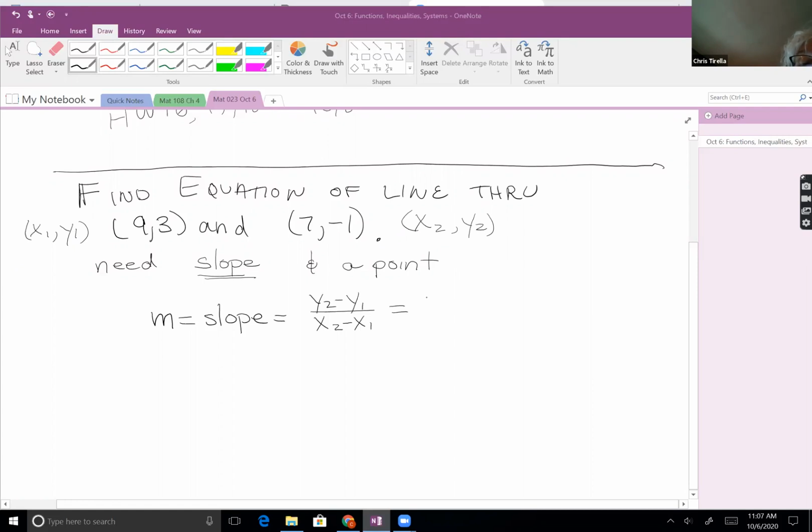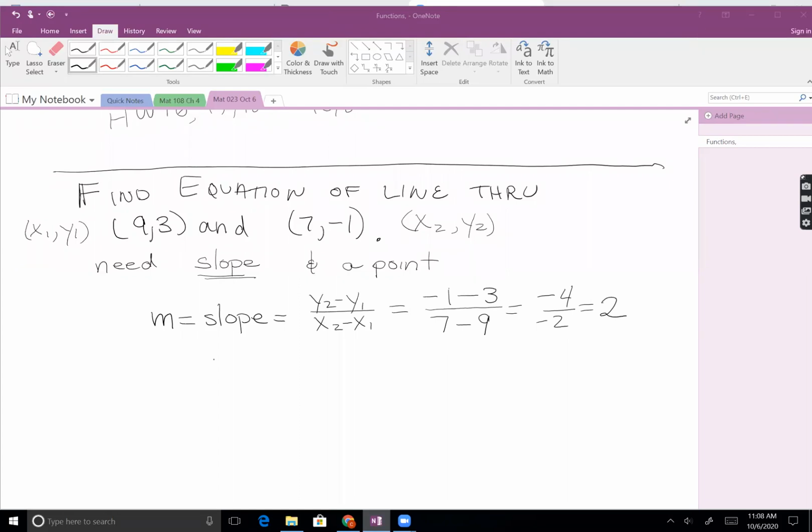So the y value of the second point is -1. The y value of the first point is 3. The x value of the second point is 7. The x value of the first point is 9. When I subtract, I get -4 over -2, which gives me 2. Does everybody remember using that formula last class to find the slope of a line between 2 points?